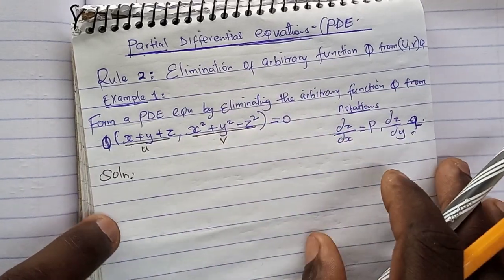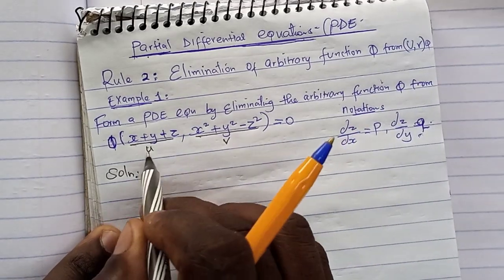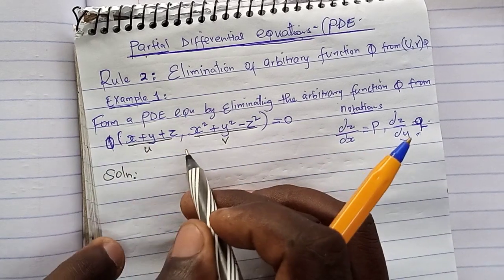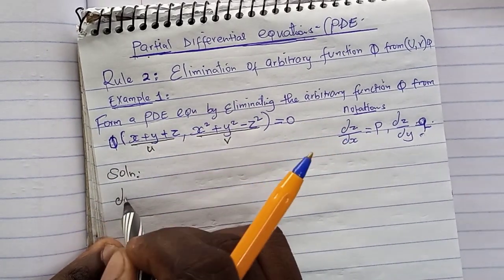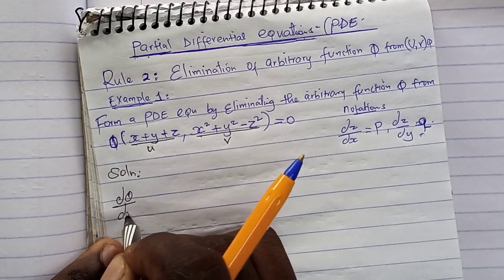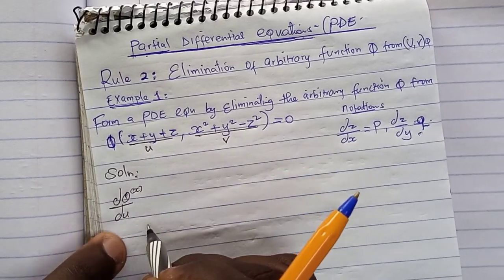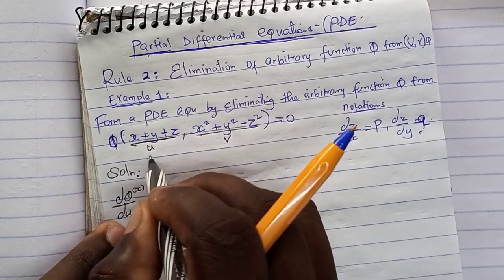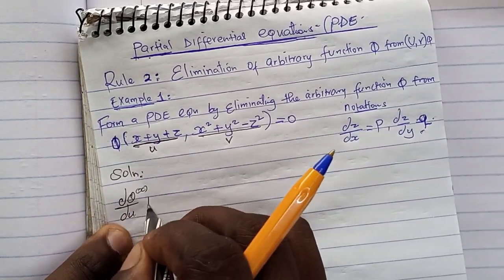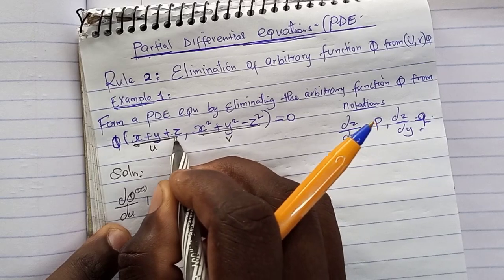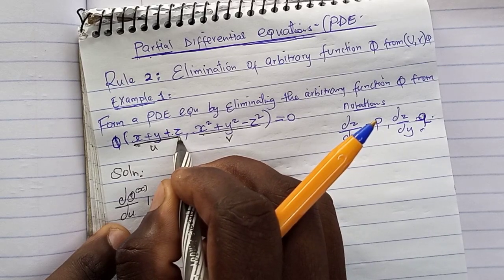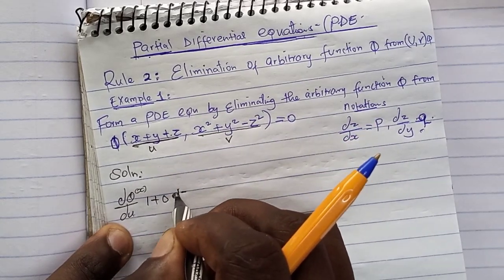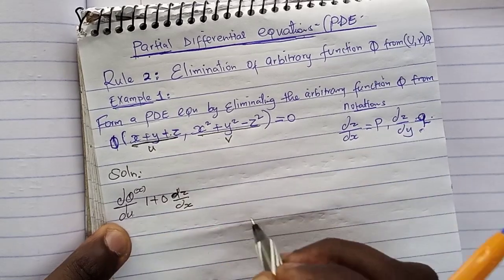Now our solution, we have to differentiate all these arbitrary functions with respect to x and with respect to y. So the first step, we differentiate the whole function with respect to x. So this part, partial u, we differentiate with respect to x. If we differentiate this part with respect to x, we get 1 plus 0, plus if we differentiate any letter, arbitrary letter with respect to x, we get partial z, partial x.